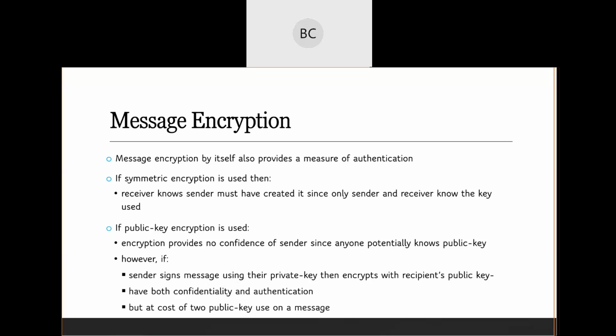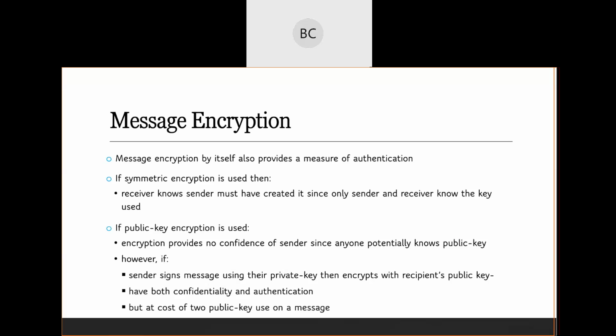The first one is message encryption. I guess you already know about message encryption, which is all those encryption techniques we have discussed till now. Message encryption provides message authentication as well, which was the first condition for any cryptographic algorithm.